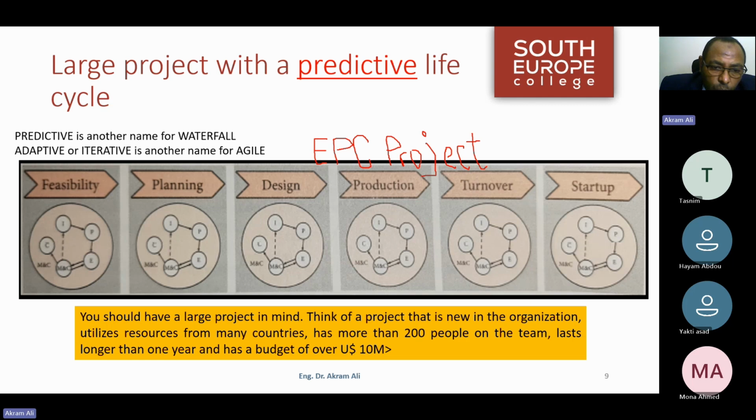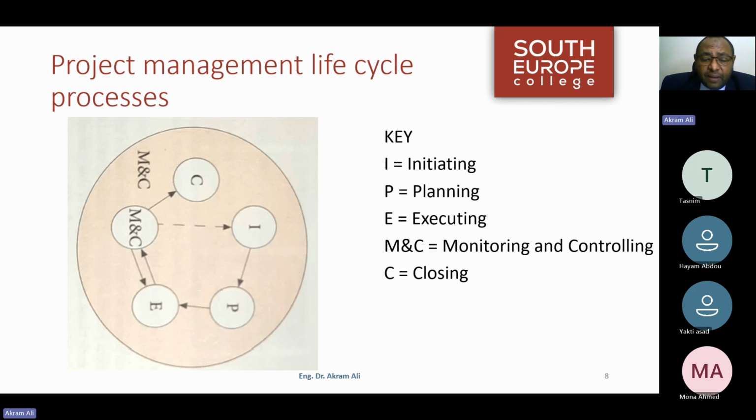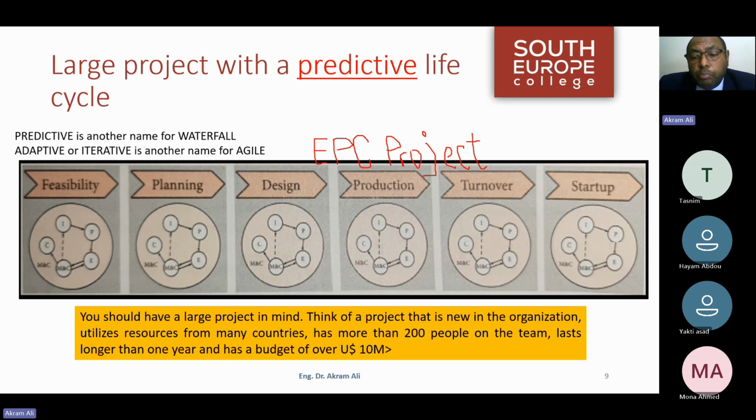If I have only one big cycle like this, traditionally the view of project management was one big cycle, and we have initiation and planning, and we have execution, and we have monitoring and controlling and close out. So if I have only one big project management life cycle for the entire project, the part I refer to as engineering, procurement, and construction becomes the whole project, or the execution part of the project.